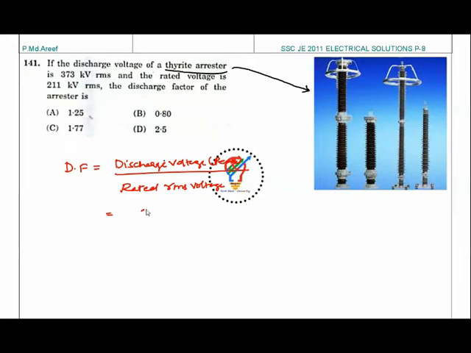It is 373 kV, but it should be in peak value, and they have specified it as RMS. So we can convert it into peak value by multiplying by root 2, divided by the rated RMS voltage, which is 211 kV. If you solve this, you'll get 2.5. The answer is 2.5. D is the right option.